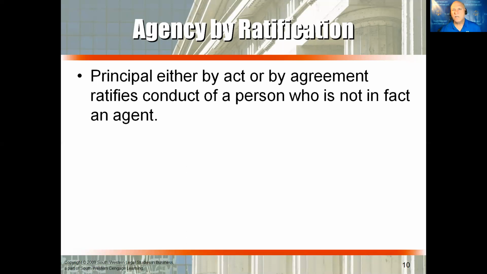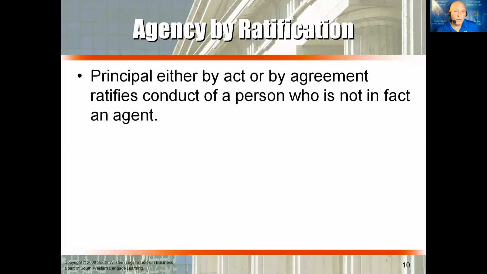Example that I like to give is, let's say that I'm a farmer and I use fertilizer in my business. And you just happen to know I'm a farmer, and you just happen to know I use fertilizer in my business, and you just happen to be at a place where there's a going-out-of-business fertilizer sale, and you can get just a ton of fertilizer for 10 cents on the dollar.